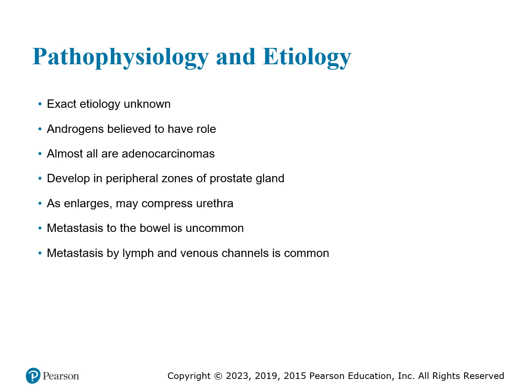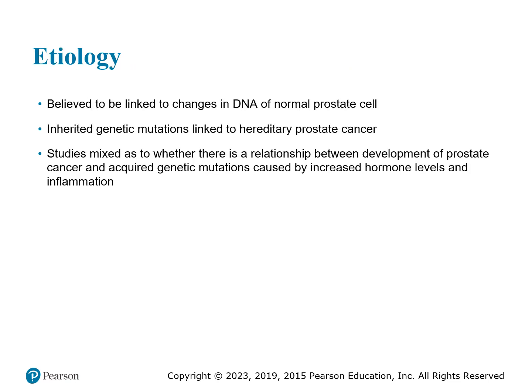Despite the proximity to the rectum, metastasis to the bowel is uncommon because the retroprostatic fascia acts as a physical barrier. As the tumor enlarges, it may compress the urethra and obstruct urinary flow. The tumor may metastasize and involve seminal vesicles or bladder by direct extension. Metastasis by lymph and venous channels is common.